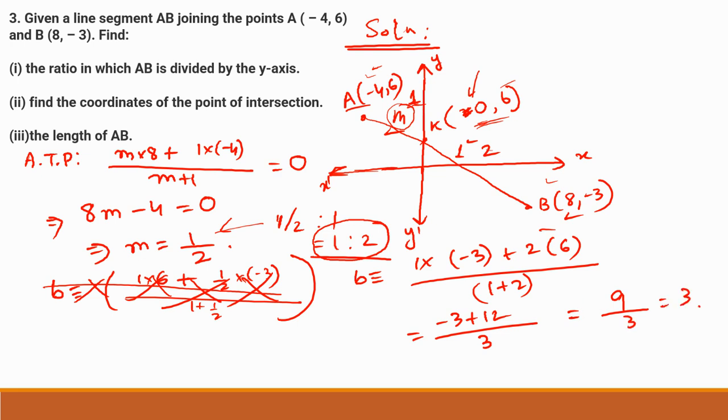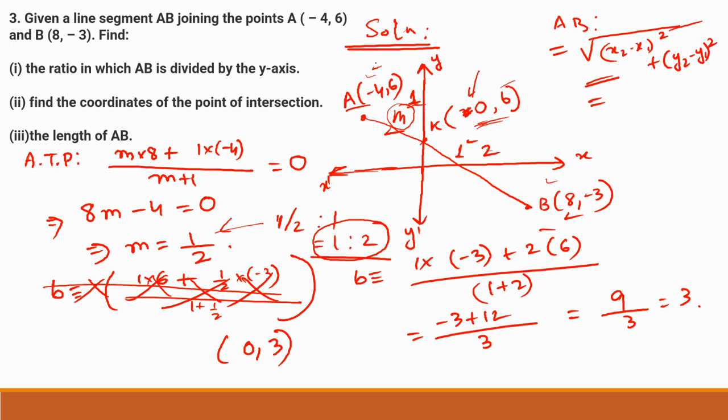Alright, so the coordinate of the point of intersection, the answer is 0 comma 3. Now find the length of AB. That is a piece of cake for you guys. What will be the length of AB? We know the formula, square root of x2 minus x1 squared plus y2 minus y1 squared. Please do this calculation. The 2 points given are minus 4 comma 6 and 8 comma minus 3.